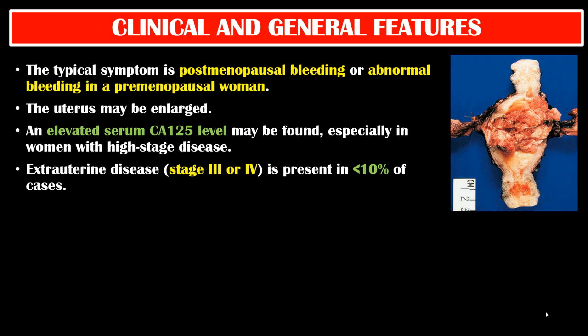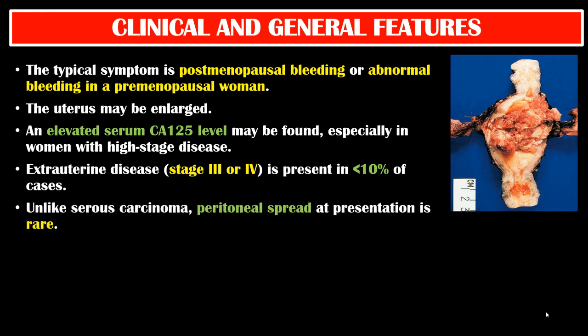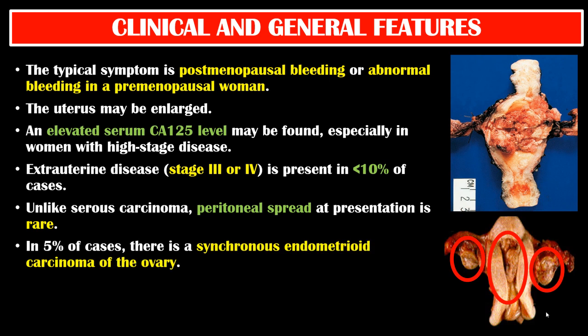Extrauterine disease, that is stage 3 or 4, is present in less than 10% of cases. Unlike serous carcinoma, peritoneal spread at presentation is rare. In 5% of cases, there is a synchronous endometrioid carcinoma of the ovary.